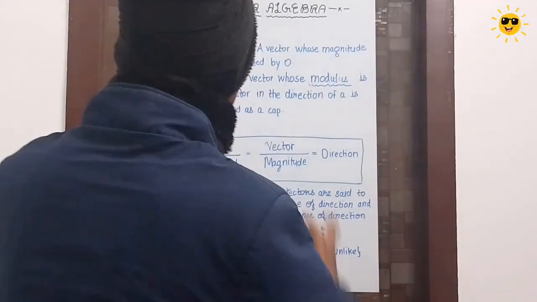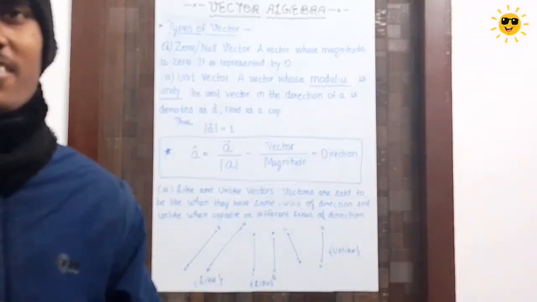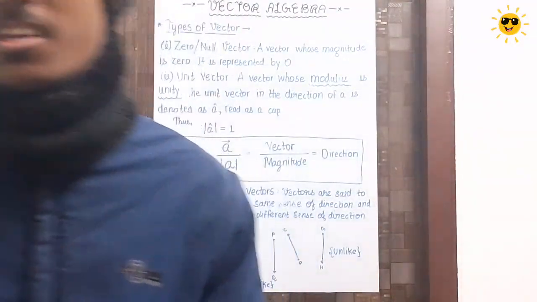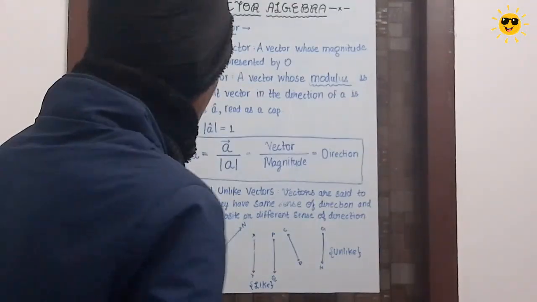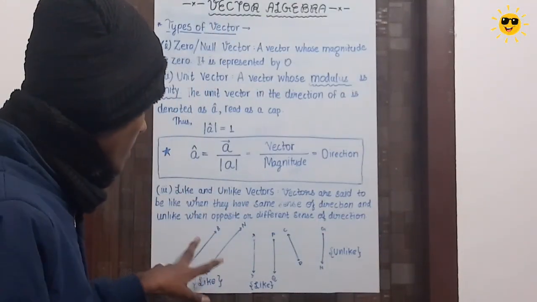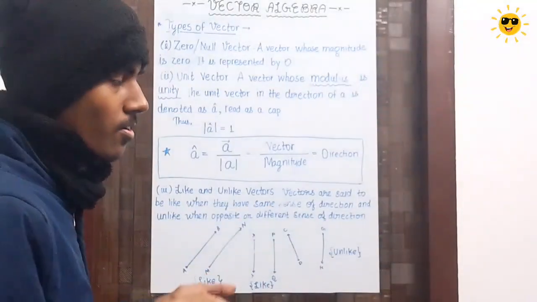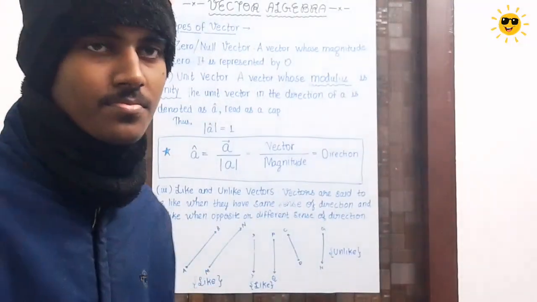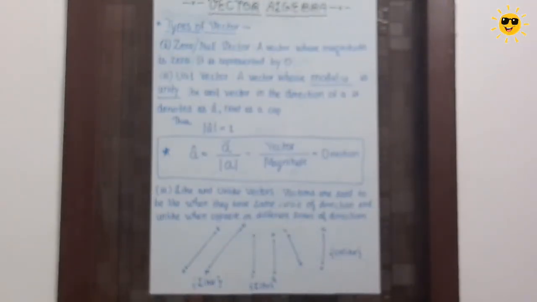If two vectors are in the same sense of direction, they are called like. If not, they are simply unlike. So you can see everything in this slide. Let's move to the next.